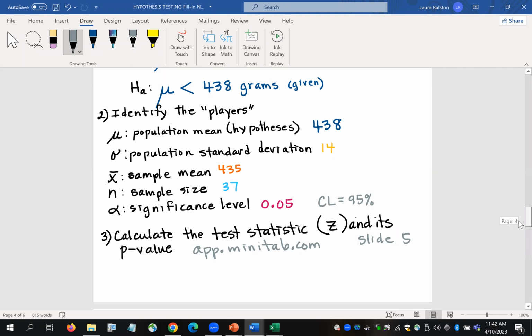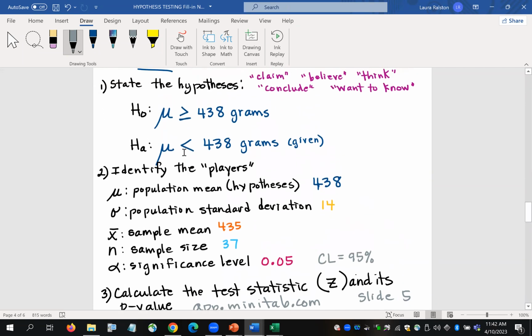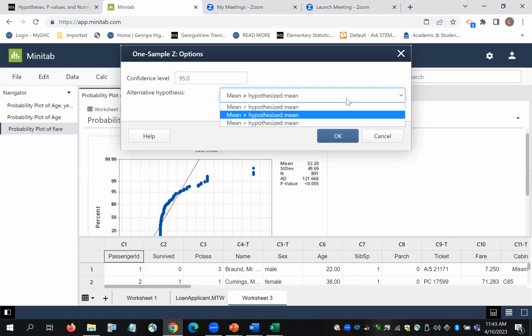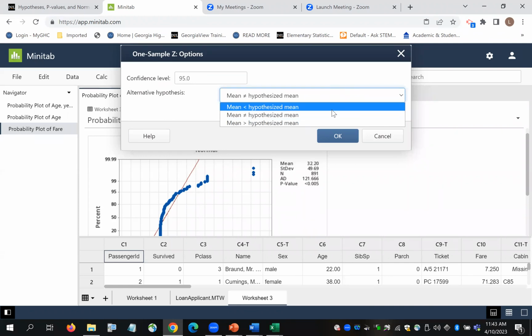And the other piece is I need to know what symbol is in the alternative hypothesis, and it was less than. Okay, so I have a 95% confidence level, and the symbol in my alternative hypothesis is less than.